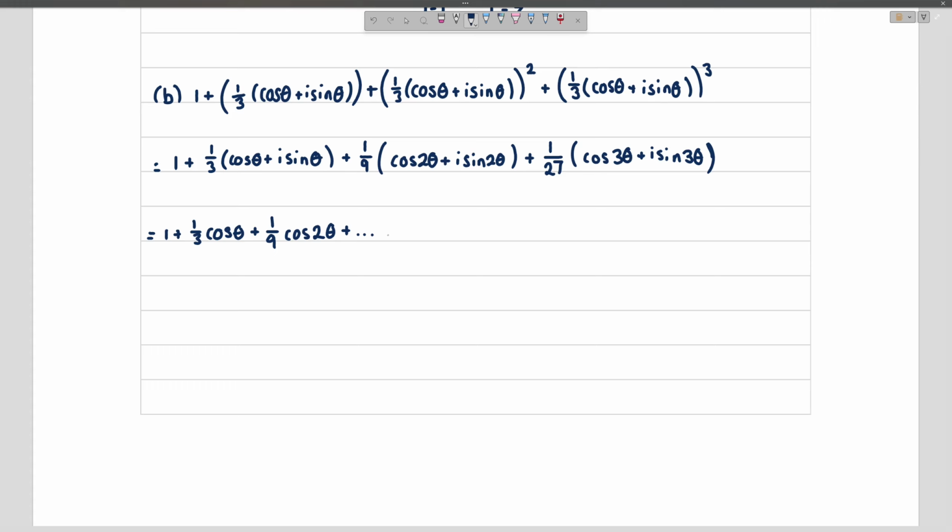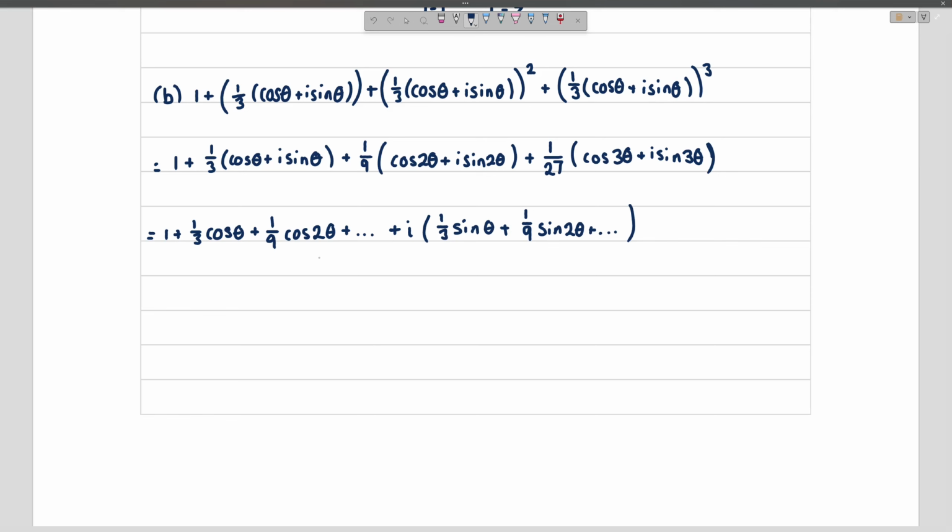And then for the imaginary part, I get plus i times 1 over 3 sine theta. Don't forget we factored out the i at the front. So 1 over 3 sine theta plus 1 over 9 sine 2 theta, and again, plus so on and so on.